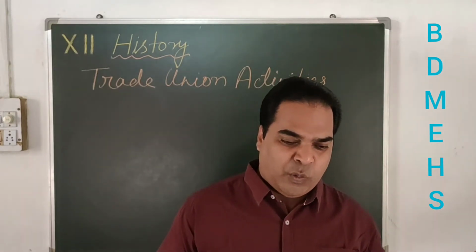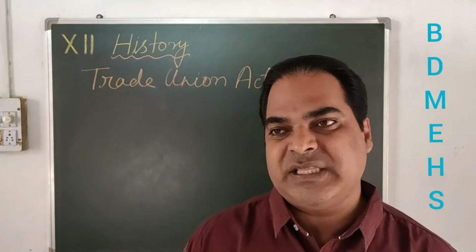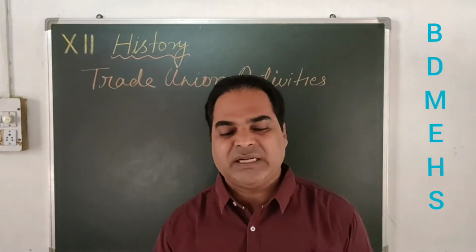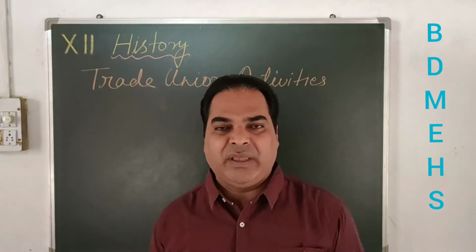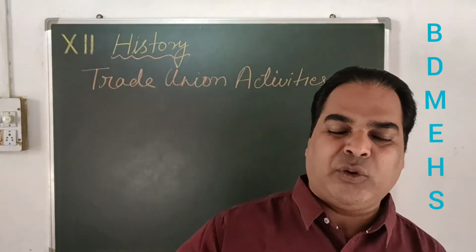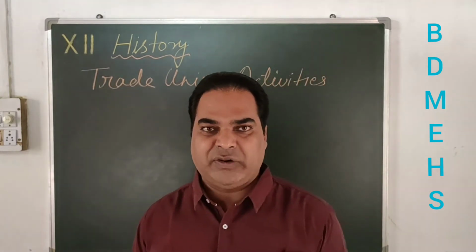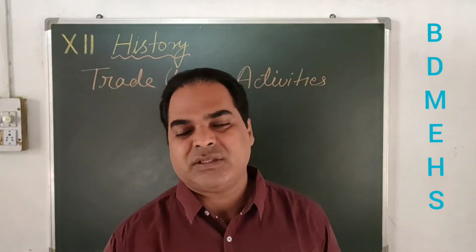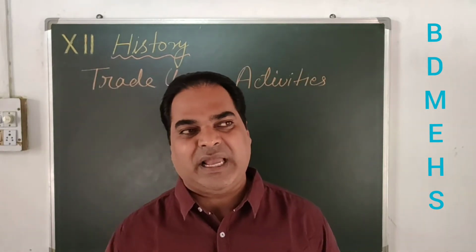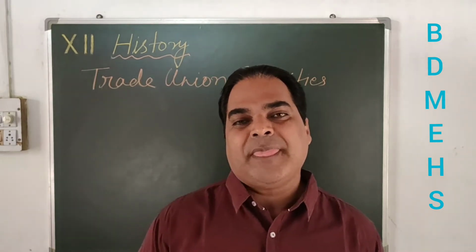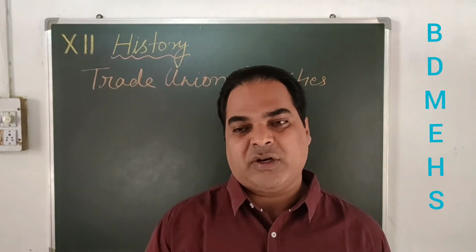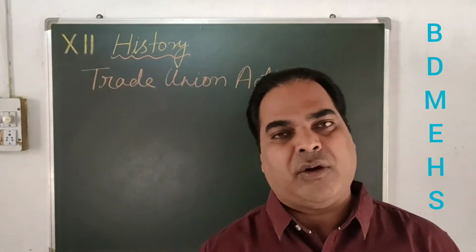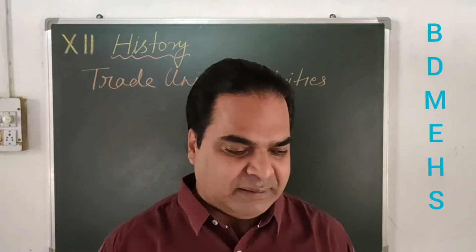The owners of those factories, in order to stop them, declared a plague bonus. They declared that 75% of the salary would be given to the workers who stayed back and worked for the factories. But when the time came to give the plague bonus, the owners simply denied it. So the workers became frustrated, and they got the leadership of Mohandas Karamchand Gandhi, who later came to be known as Mahatma Gandhi.